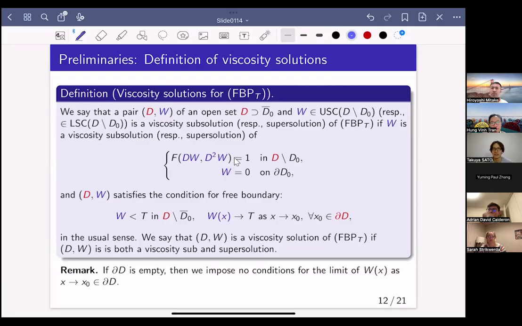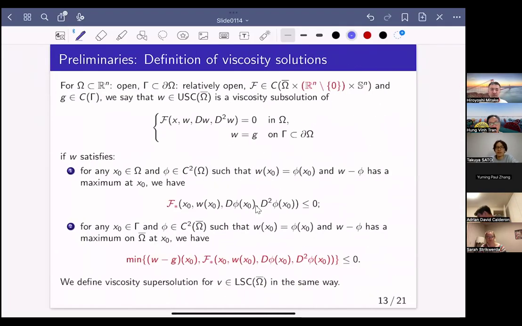Maybe my slide is not clear. I wrote that W is the viscosity subsolution of this one. Okay, got you. And on the boundary, as Han mentioned, it is also less than or equal to zero. Okay, I see.